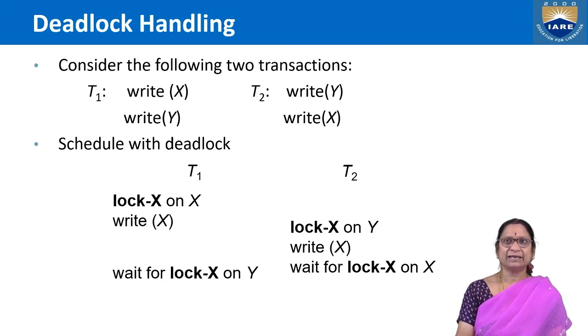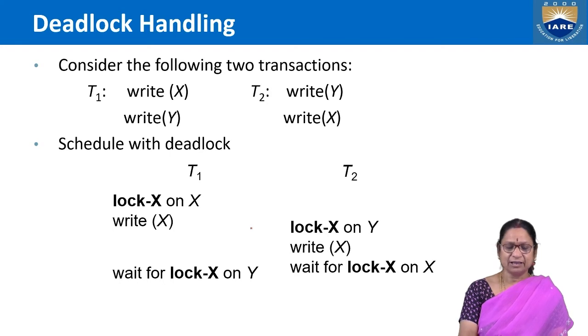For example, consider two transactions. T1 has write X and write Y. T2 has write Y and write X. The schedule of these two transactions may be like this.